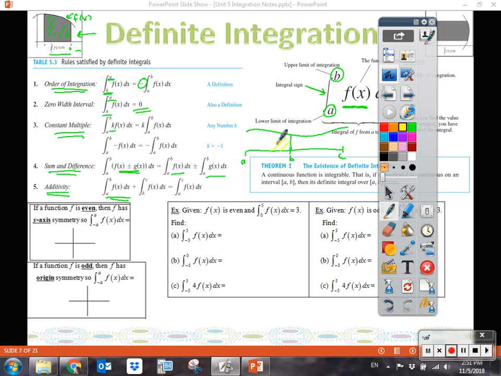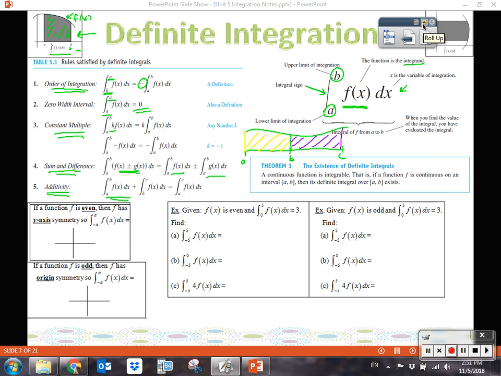Let's just calculate the area under the curve right there from a to b, and I add to that this one, I calculate that one. Then what this rule tells me is that if I take that first one and calculate it, then add the second one to it, that's the same thing as if I took the whole thing from a to c, if I just integrated this whole thing.